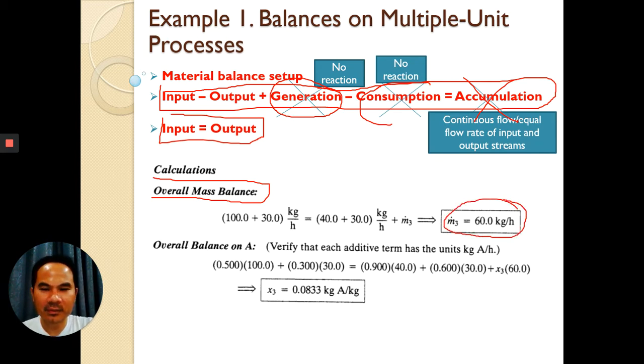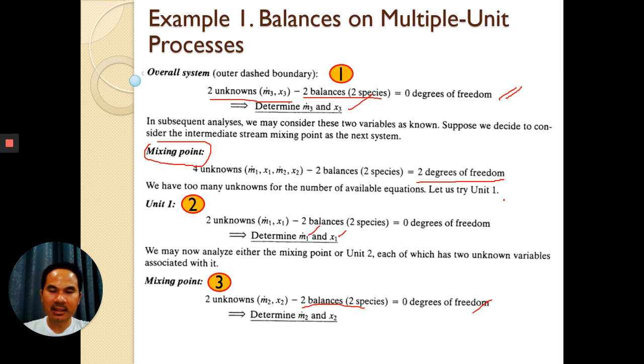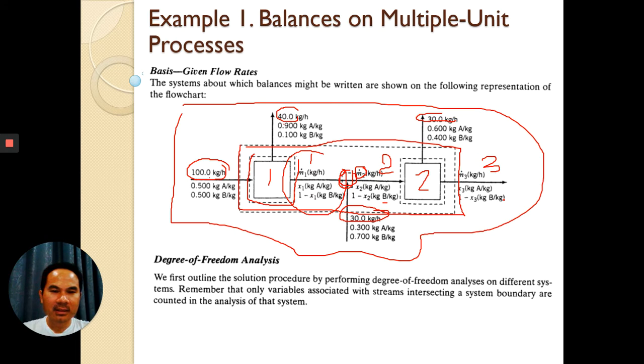The next step, you solve for X3. For X3 you have to solve the A balance. How about A input? A input for this stream is 0.5 kilogram A per kilogram total multiplied by 100 kilogram total per hour.